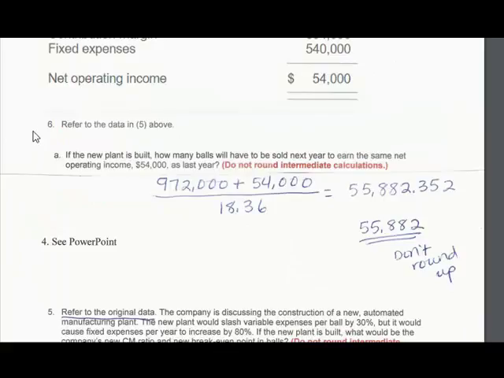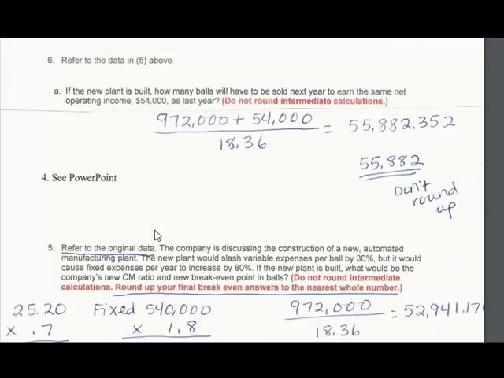Okay, last part, 6A. Now it's saying to refer to the data in 5, and 5 is where we assumed the variable expenses per ball would be cut by 30% and the fixed expenses would increase by 80%. So we're going with those figures, and it says, if the new plant is built, how many balls will have to be sold next year to earn the same net operating income of $54,000?